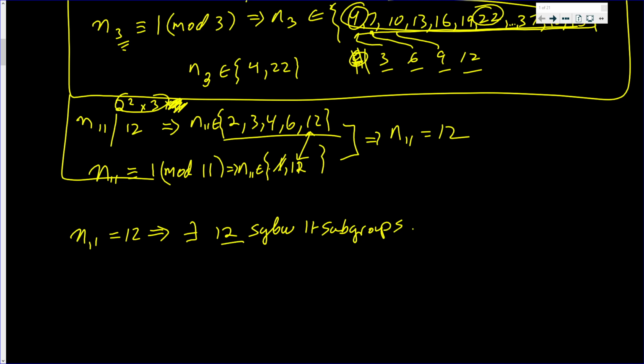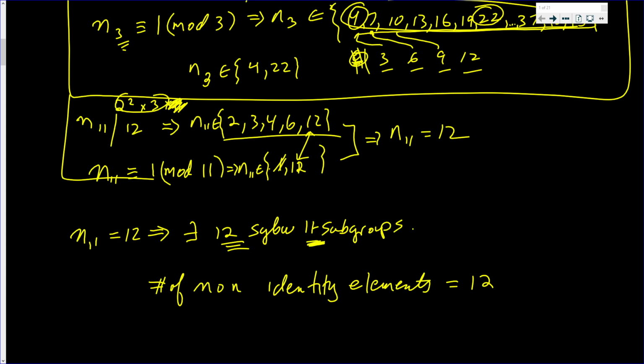Take any two of these 12, they will intersect only in the identity element. That means the number of non-identity elements from these 12 is 12 times, well, they each have 10 distinct ones. 10 times 12 is 120.